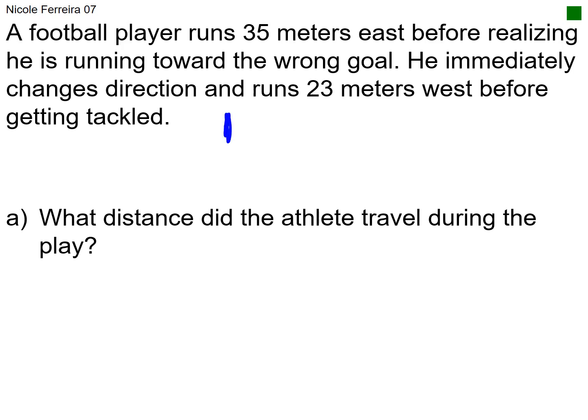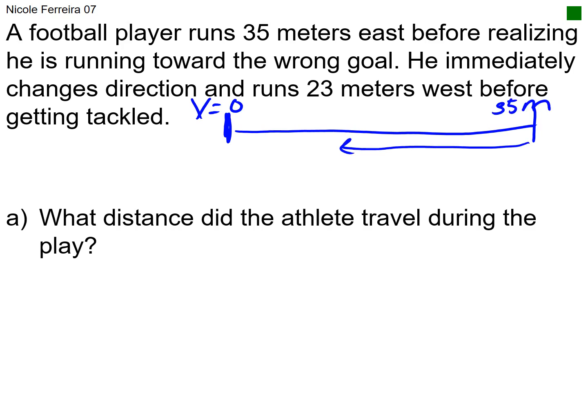Okay, so here we are. Here's position 0. He runs here, and here is 35 meters. Realizes he goes the wrong way and runs 23 meters the other way, this way.